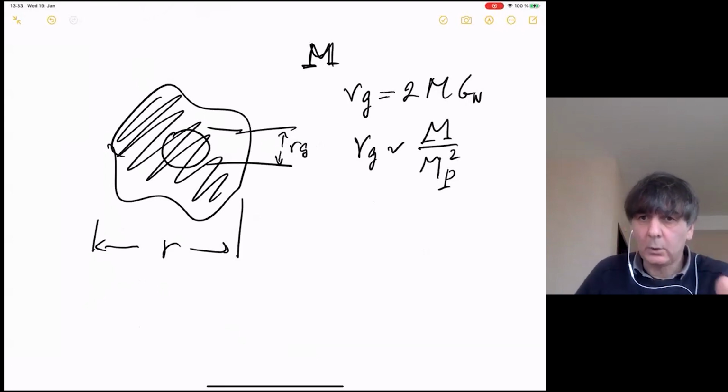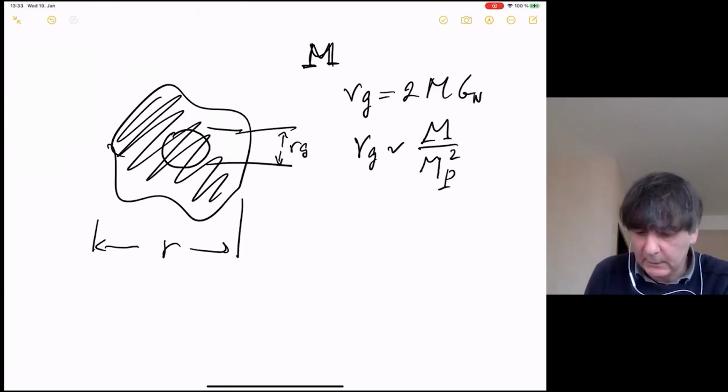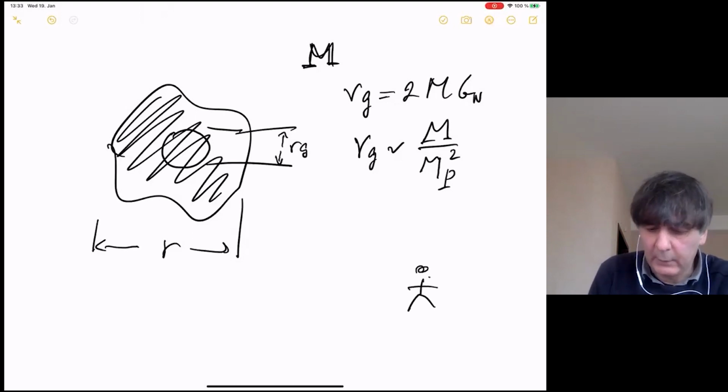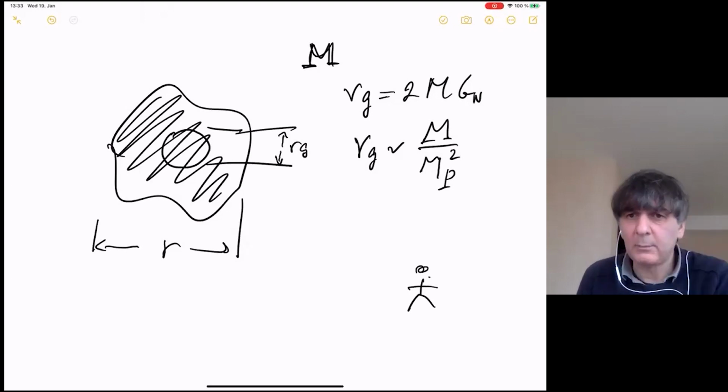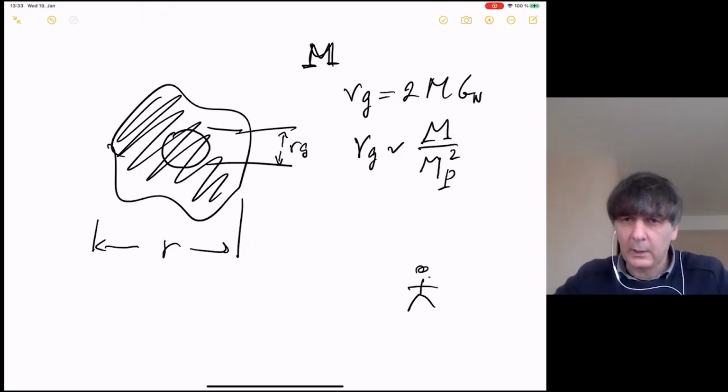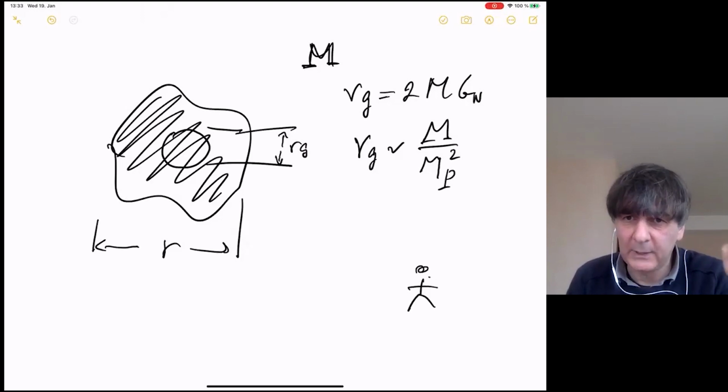Because, as we said, if we have an observer here measuring the gravitational field, this observer can measure all possible invariants of Einstein gravity. These invariants never reach the Planck scale.